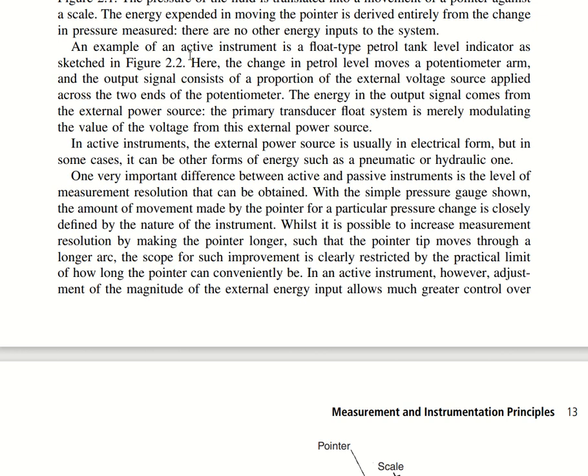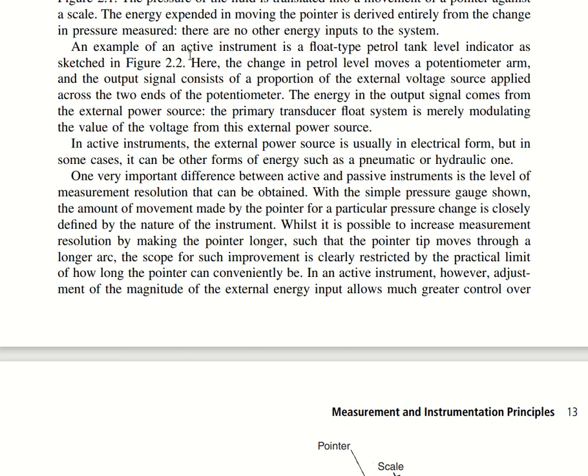With a very simple pressure gauge, as you saw, the amount of movement made by the pointer for a particular pressure change is closely defined by the nature of the instrument itself. But it is possible to increase the measurement resolution by making the pointer large, such that the pointer tip moves through a longer arc. The scope for such improvement is clearly restricted by the practical limit of how long the pointer can conveniently be.